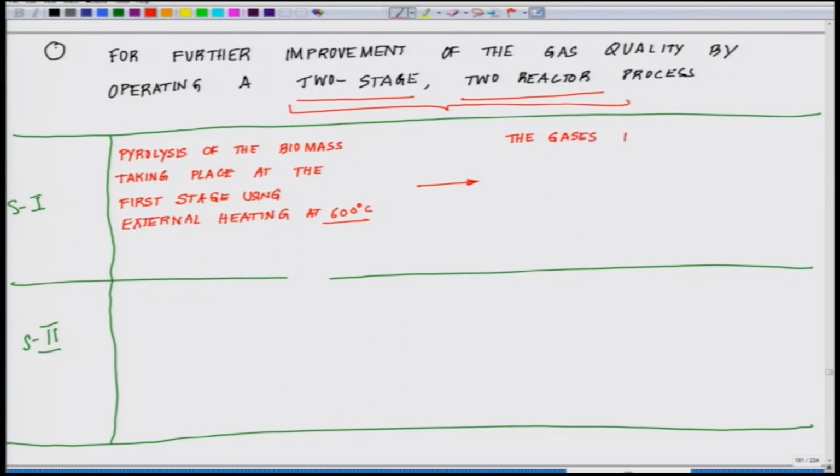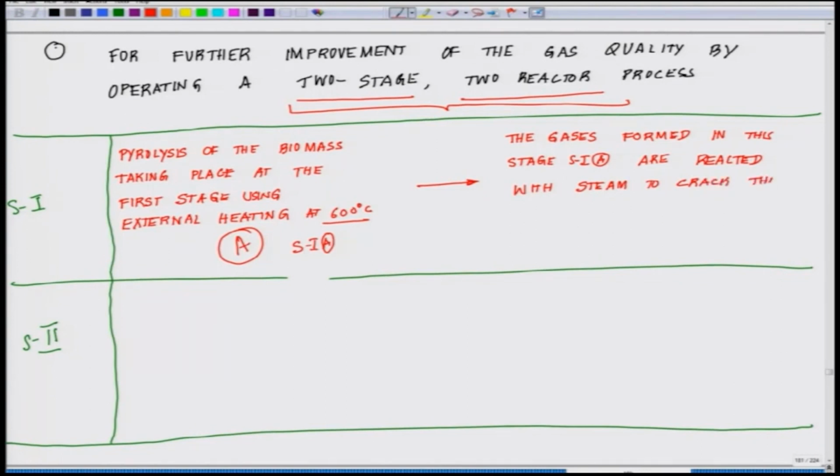The gases formed during this pyrolysis process in this stage 1A, A is this section, so that is why I wrote S1A, are reacted with steam to crack the tar. As I told you, the tar is a huge problem. So, what you are doing is cracking the tar.